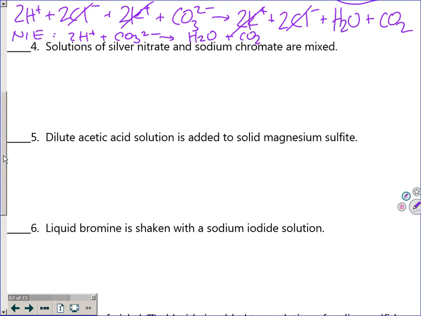Silver chromate is a precipitate. You don't break it.